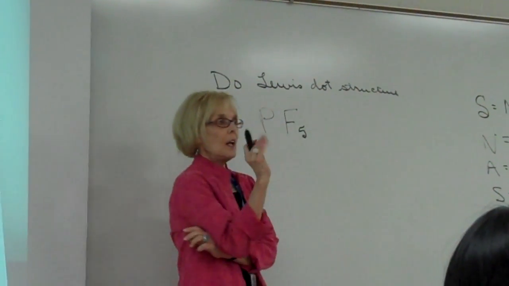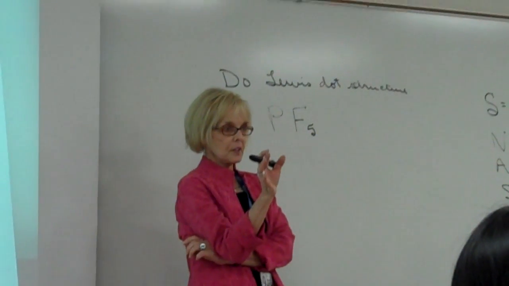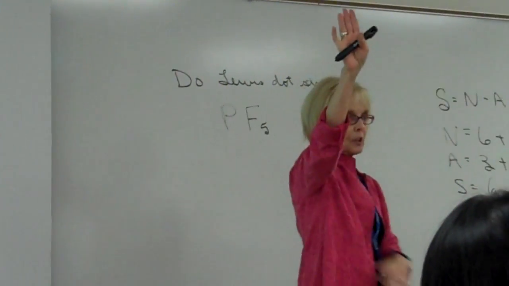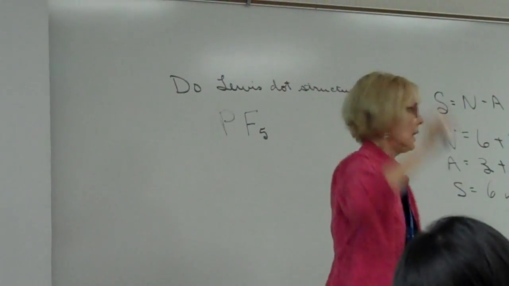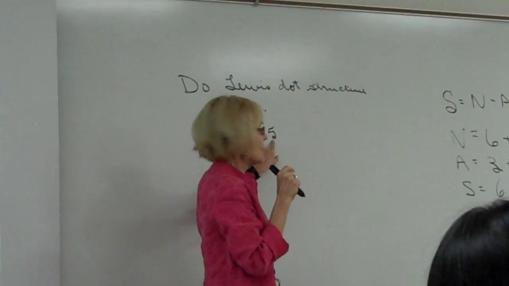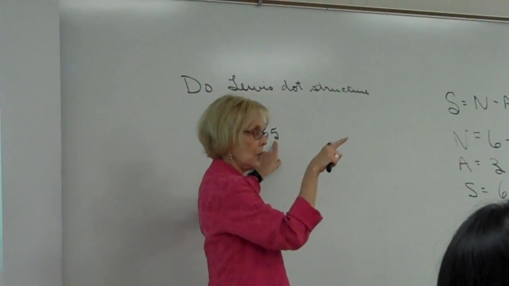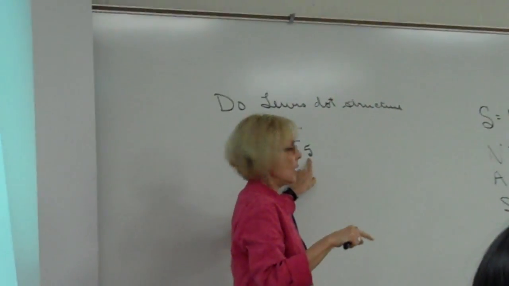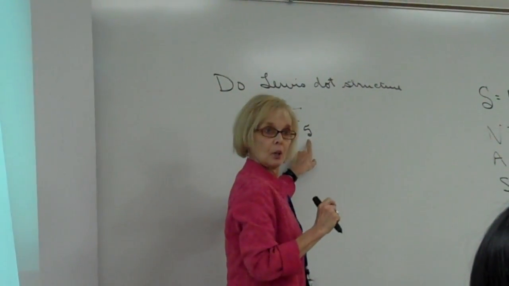Now, when I look at this, there's 2 things that I notice right off. Phosphorus is in the middle. High alert. It might violate. However, here's the thinking part. If this is 5 fluorines that we know are going to be bonded to the phosphorus, we're going to share at least 10, aren't we?